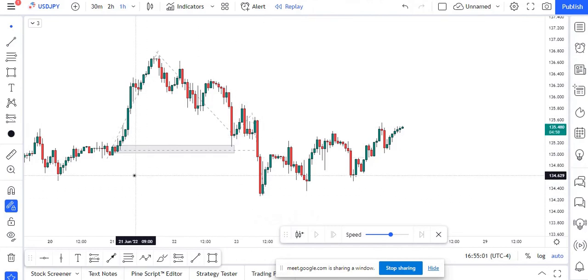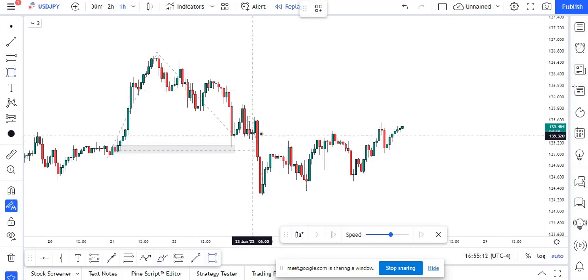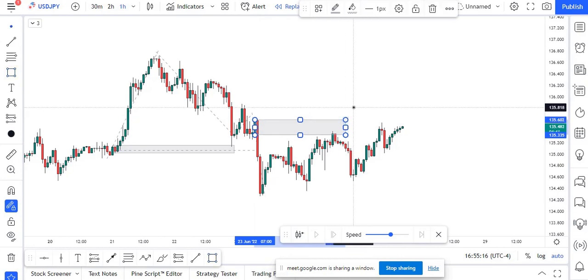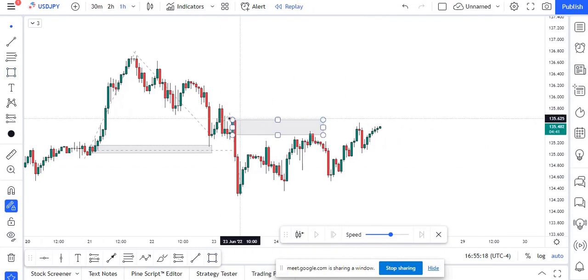It's either the demand zone is in control or the supply zone is in control. So if the demand zone has been flipped, the supply zone is in control. So what is the last supply zone we do have? We have this one. So that is our supply zone which is in control.